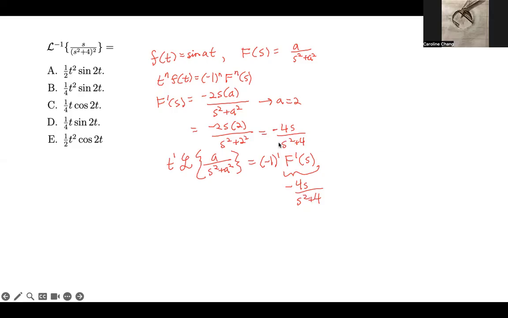Oh wait, sorry, I forgot to square this, because this is basically applying the quotient rule for derivatives, and we have to remember to square the denominator.